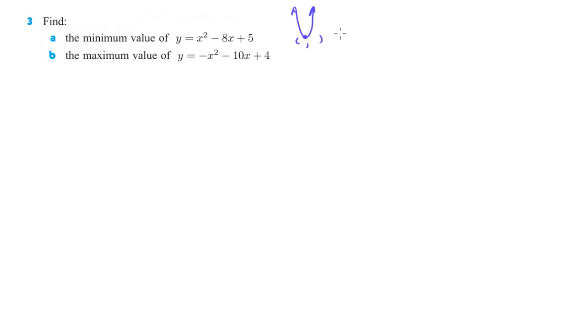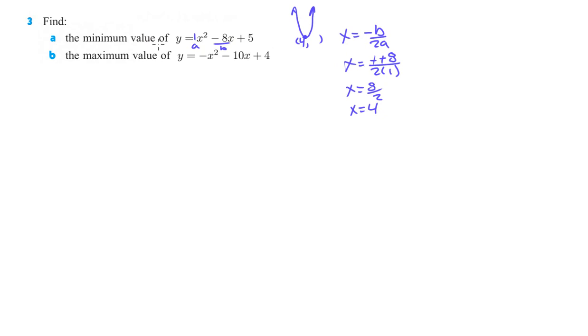So let's plug this thing into x equals negative b over 2a, right? So our a is 1 and our b is negative 8. So in this case, we get x equals negative 8 all over 2 times 1. So that turns into 8 halves, or x equals 4.